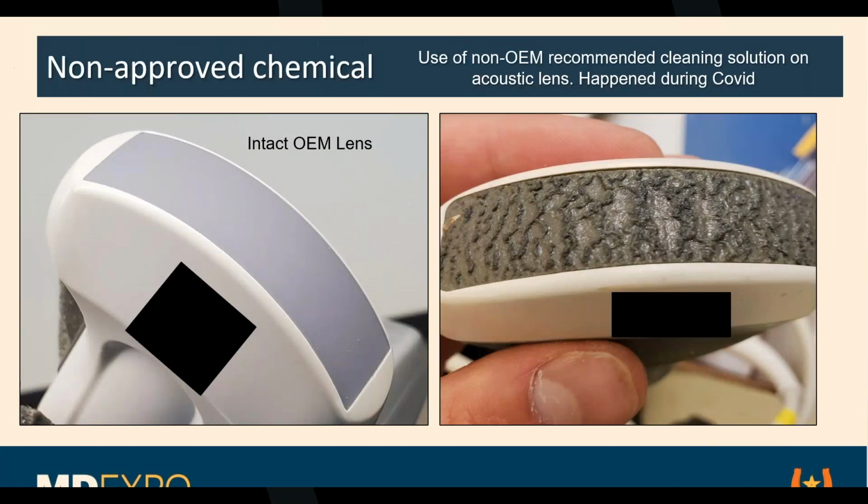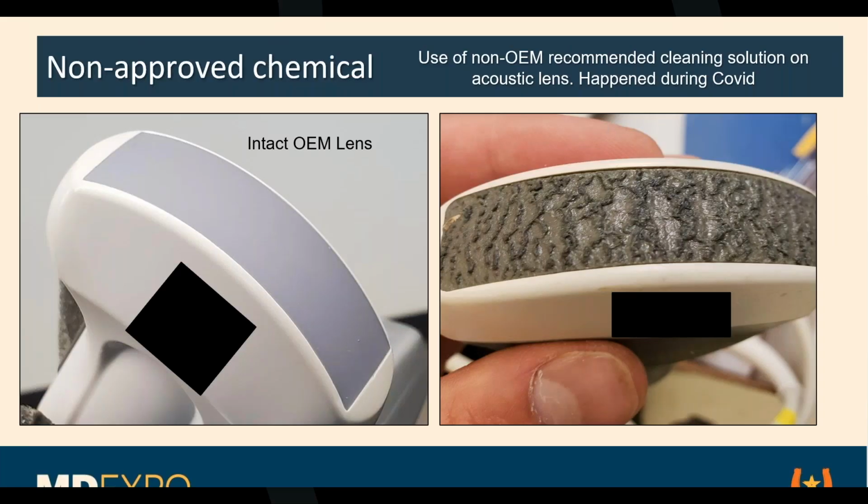Here's another one. This occurred during COVID. We got this one in from the hospital asking, can you please repair this? We need it back in service right away, because it was being used in intensive care for the COVID patients, and they had soaked this in formaldehyde overnight, and it's not an approved cleaner for probe materials.